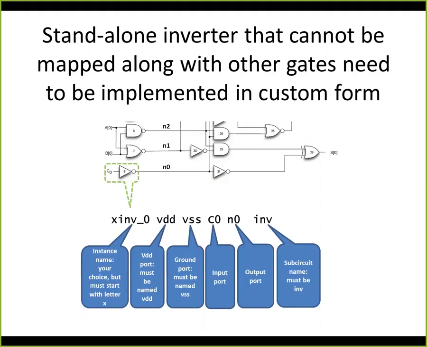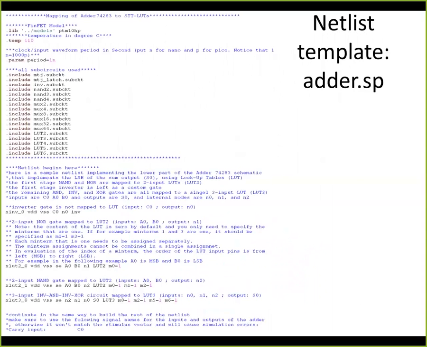Like if they're at an input to a gate, then the inverter could also be mapped to the lookup table of the same gate rather than being described as an independent gate. But we have the option of, except for the inverter, the rest of the gates have to be mapped to the lookup table.